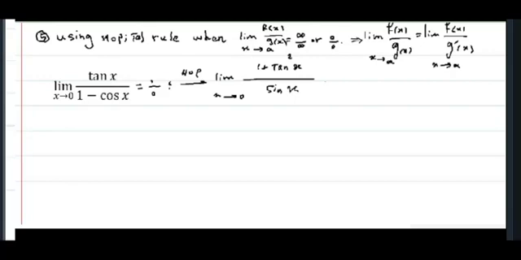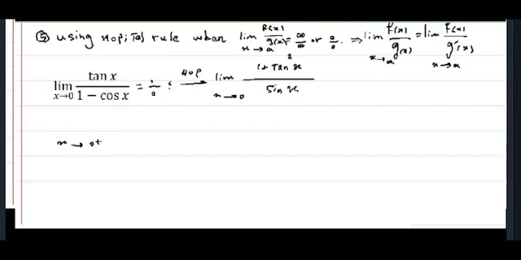So let's consider once the right-hand limit, when x approaches 0 from the right side, and again when x approaches 0 from the left side. When x approaches 0 from the right side, it means that we are in the first quadrant, so the sign here will be positive.